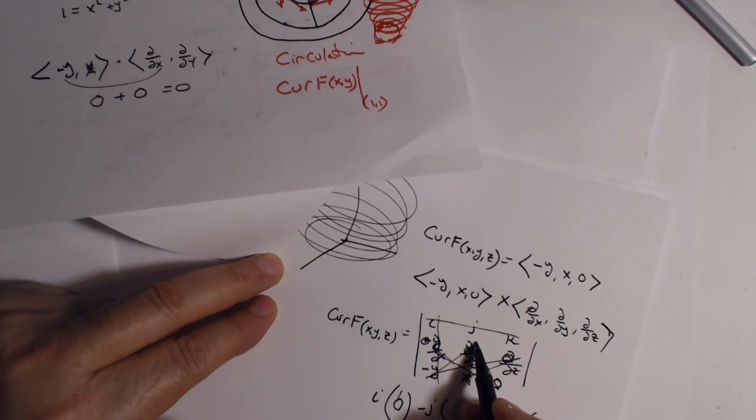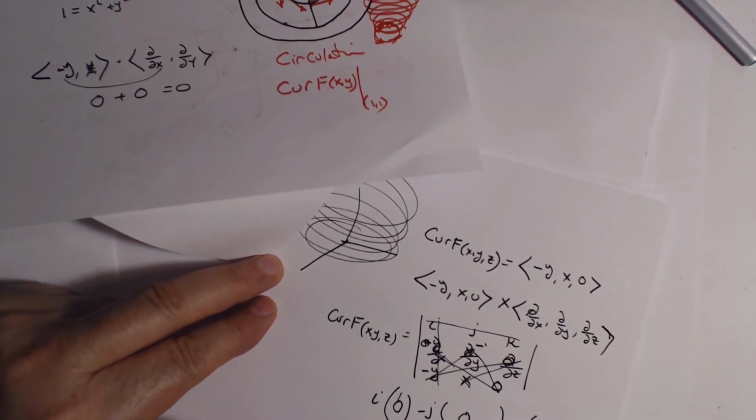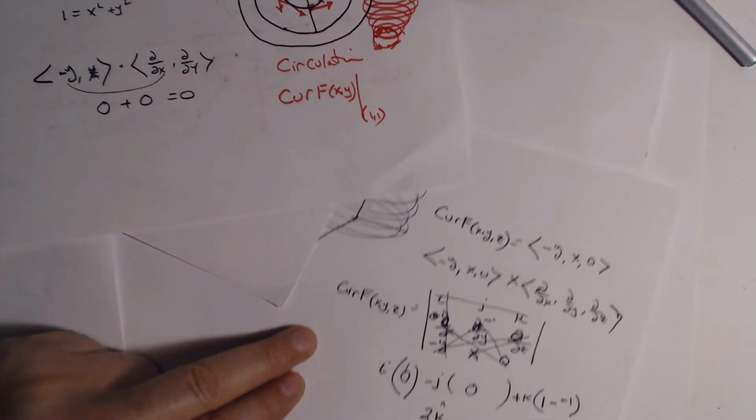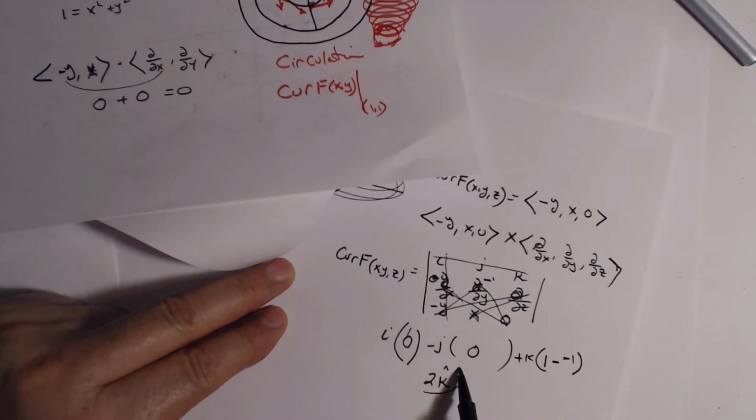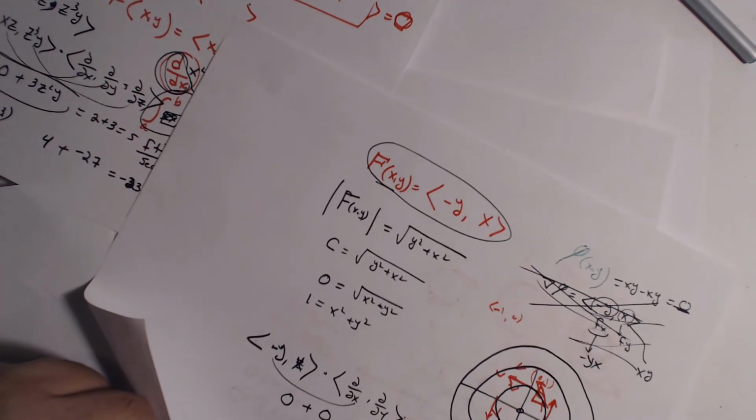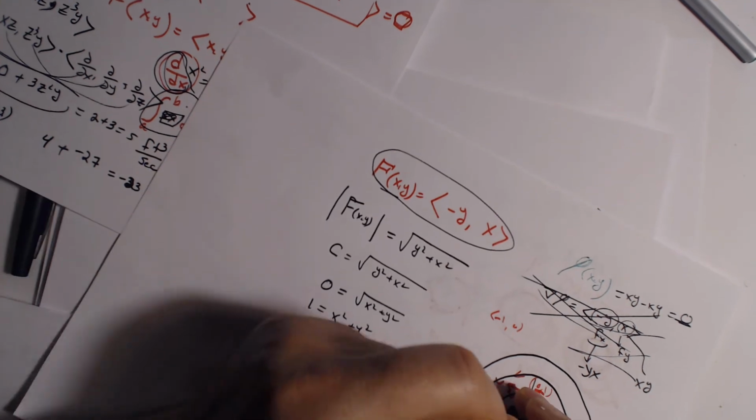But remember, I have two negatives because I'm going backward: minus a negative 1. And what is your curl? Your curl is 2k. What does that mean? It means at any given point, that's your z-axis.